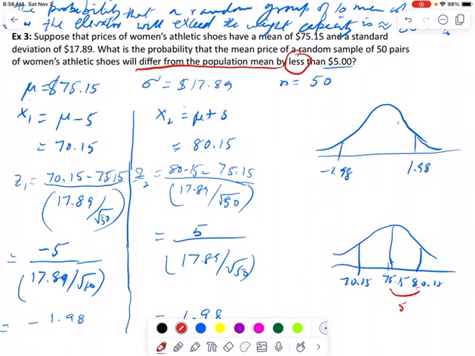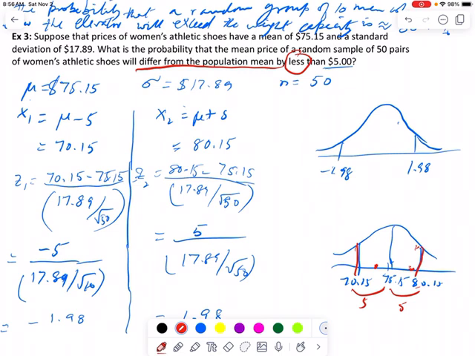Now if we pick any value over here or here, the difference of that value from the mean, either on the left or right, if we are staying within these bounds, will that be less than 5 or more than 5? You can pick a number, for example, between 70.15 and 75, 73 lies.